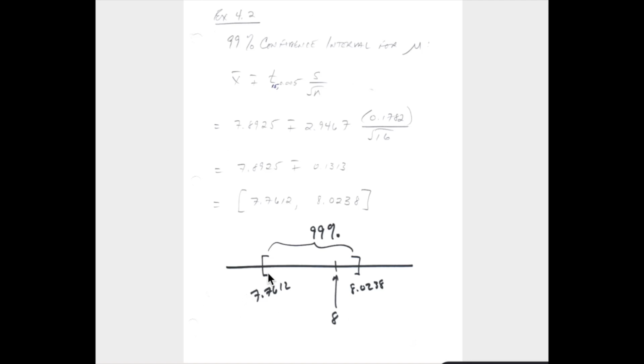Since 8 is in this interval, then we know that we would fail to reject the null hypothesis that mu is equal to 8 at the 1% significance level. And that's exactly the conclusion that we drew when we did the hypothesis test at the 0.01 level. But not only can we make that qualitative decision, we're actually quantifying the range of values that we're 99% confident that the mean is within.